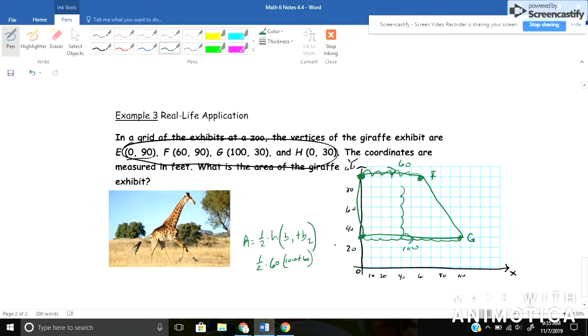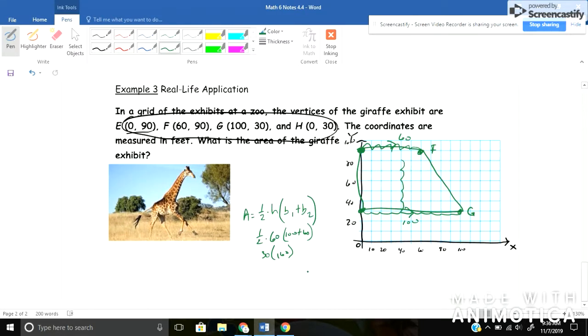And then we have to take 30 times 160, because 100 plus 60 would be 160. Okay, well, I know 16 times 3 will give me 48, and then I have 2 zeros that I need to add to that. So I come up with 4,800, and my label, it says it's measured in feet, so that would be feet squared, since I'm talking about area.